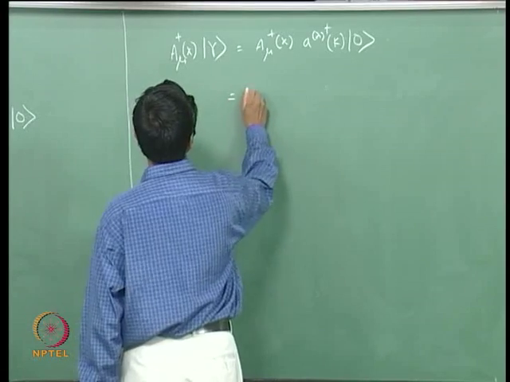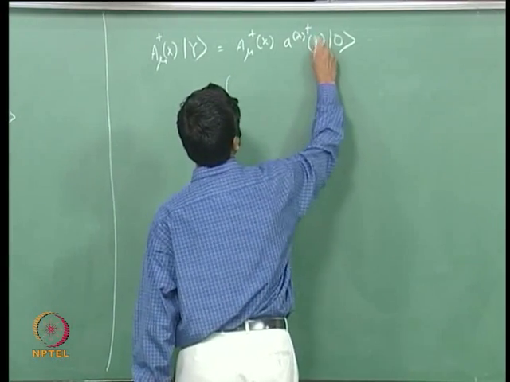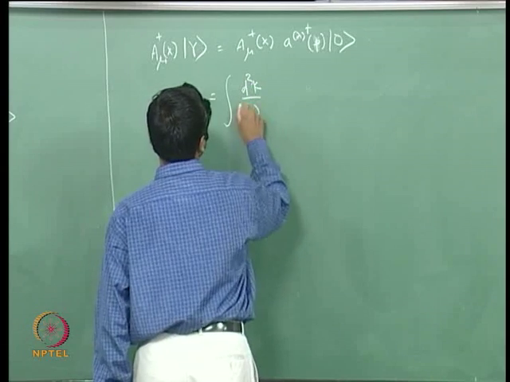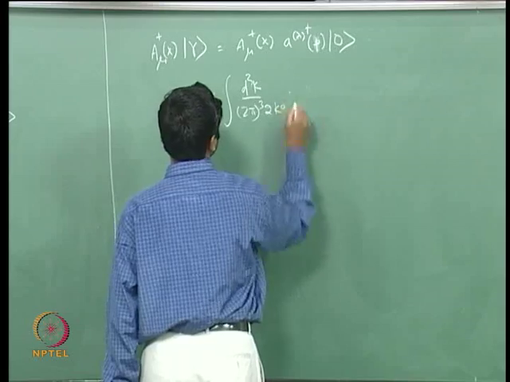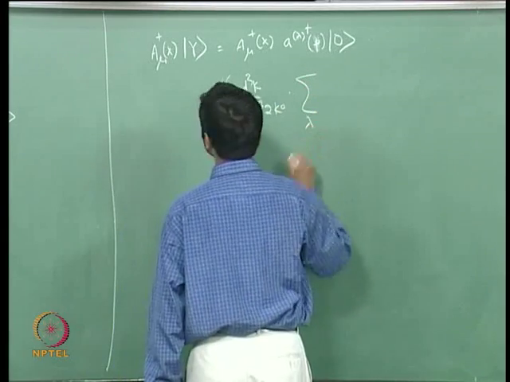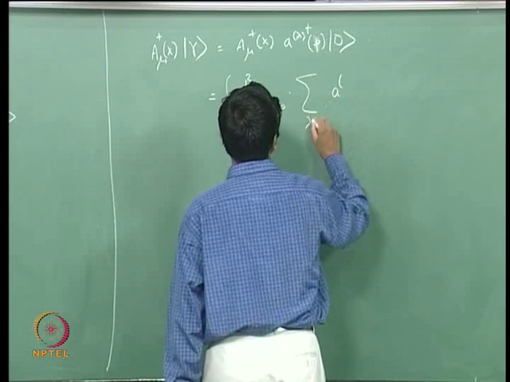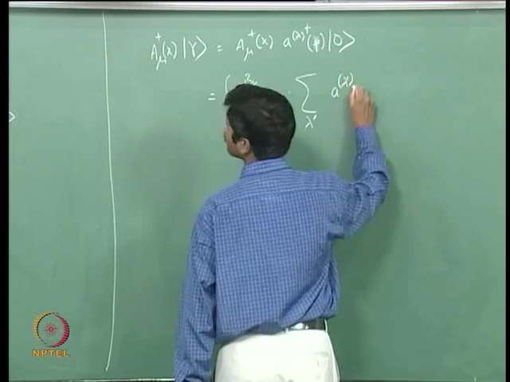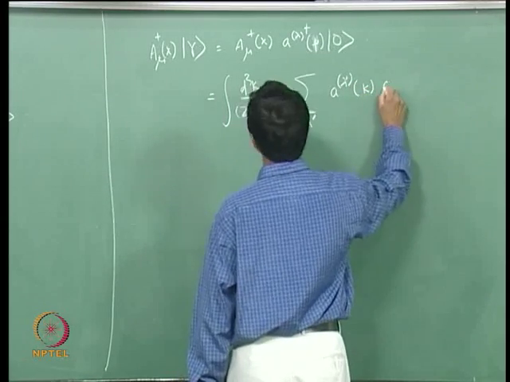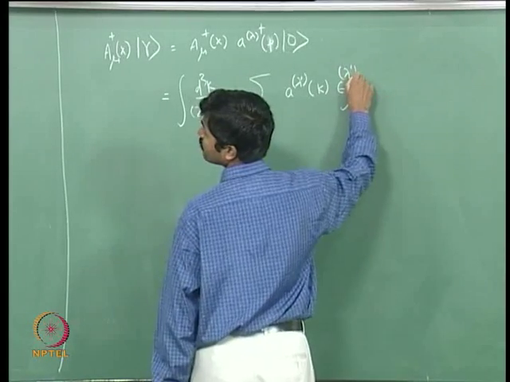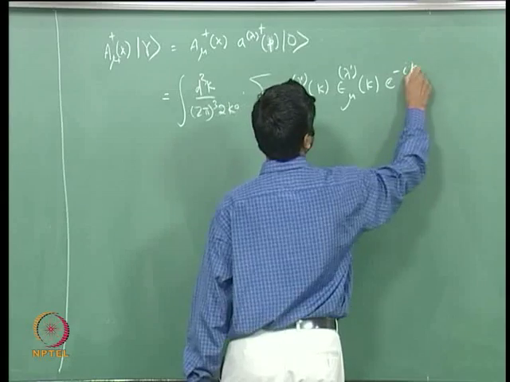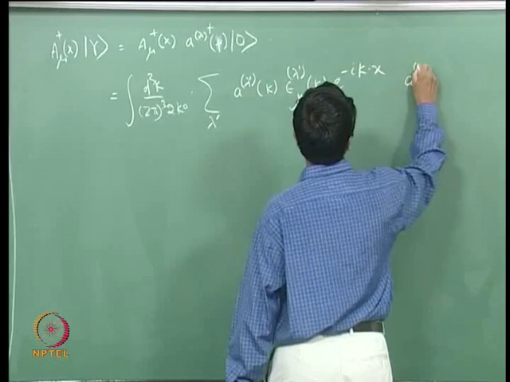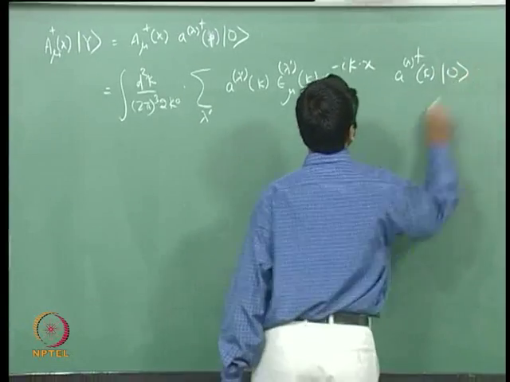So, this is nothing but the integration, let us say this is a momentum p, d^3k over (2π)^3 2k0, sum over λ', a_λ'(k) ε_μ^λ'(k) e^{-ik·x} acting on a_λ†(k) on the ground state.